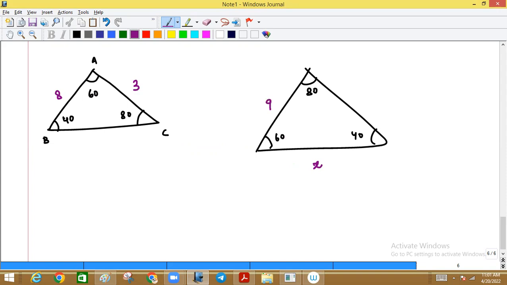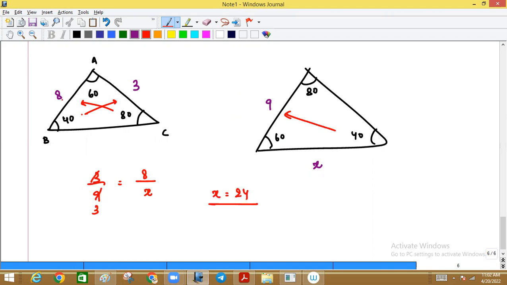First of all, by looking at the angles, we can say that they are similar. After establishing similarity, what is opposite to angle 40? 3. What is opposite to angle 40 here? 9. So 3 by 9 should be equal to the side opposite to angle 80, which is 8 by x. So x is equal to 24.